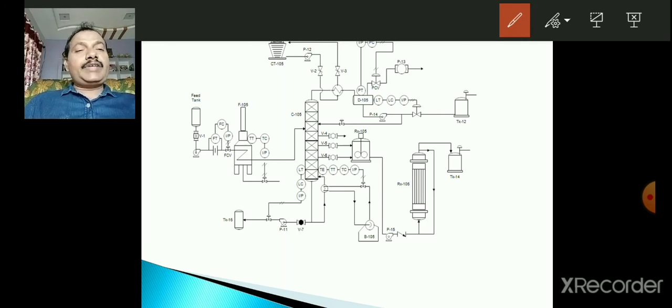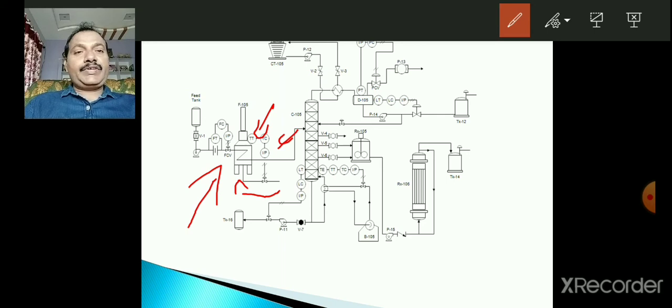For example, let me tell you, this is a heater. Observe here, to the heater there is a heating fluid that is pumped into the heater. So this heater temperature is to be measured by the temperature transmitter, and the temperature controller is also here.